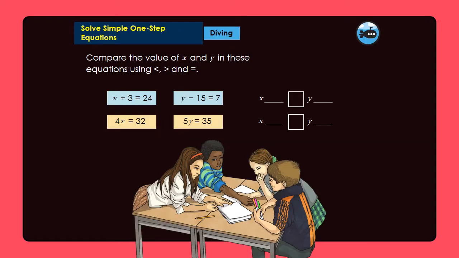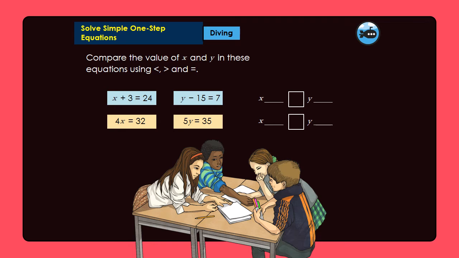Now, I'm going to try and get a little bit more challenging. So now we're understanding what one-step equations are and how we can use the inverse to solve them. I want you to compare the value of x and y in these equations using greater than, less than, and equal symbols. So you can see we've got x plus 3 equals 24, and then y minus 15 equals 7.